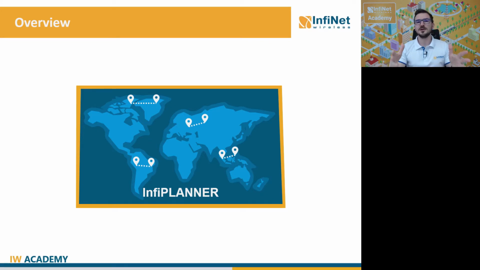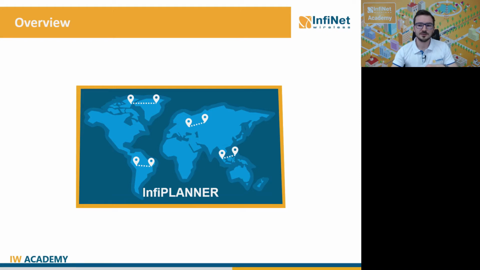For example, if you are not sure whether to use InfiLink 2x2 Lite or Pro or the XG, or you want to compare the performance of different antennas with different gains, InfiPLANNER allows you to compare these links side by side, as I will show you a bit later. And you will be able to compare the performance of different devices or different antennas in the same situation that you have in the field.